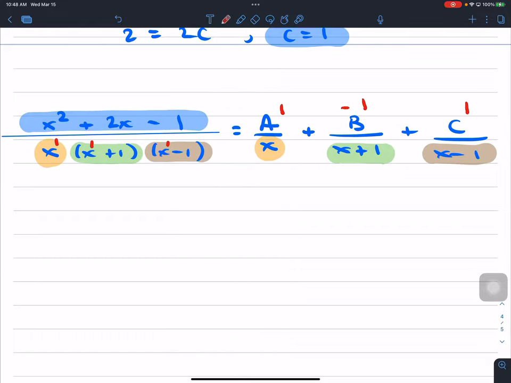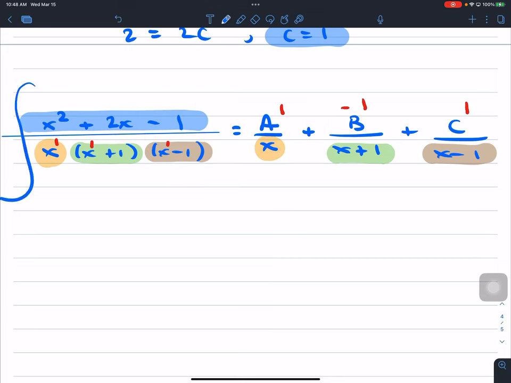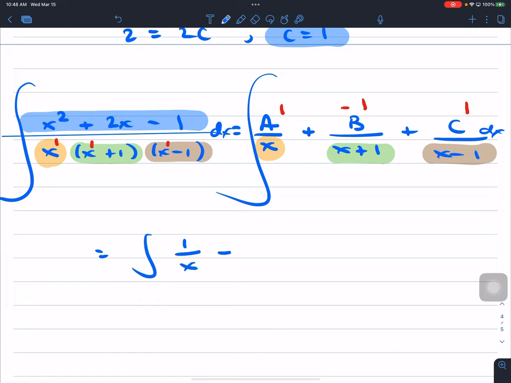And now we're going to do what here? We're going to integrate. This will be dx. Okay, so this is now the integral of what? 1 over x minus 1 over x plus 1 plus 1 over x minus 1, okay?